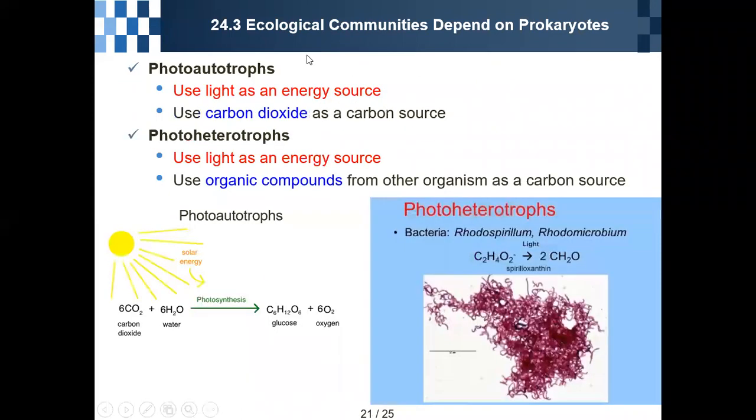Prokaryotes can also be photoautotrophs or photoheterotrophs. Both use solar light as an energy source.